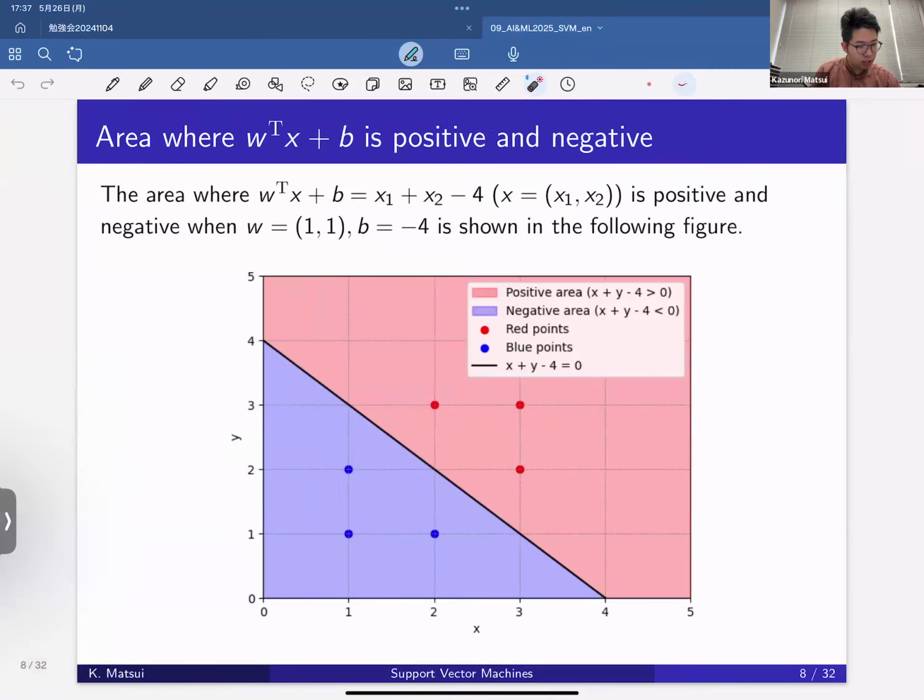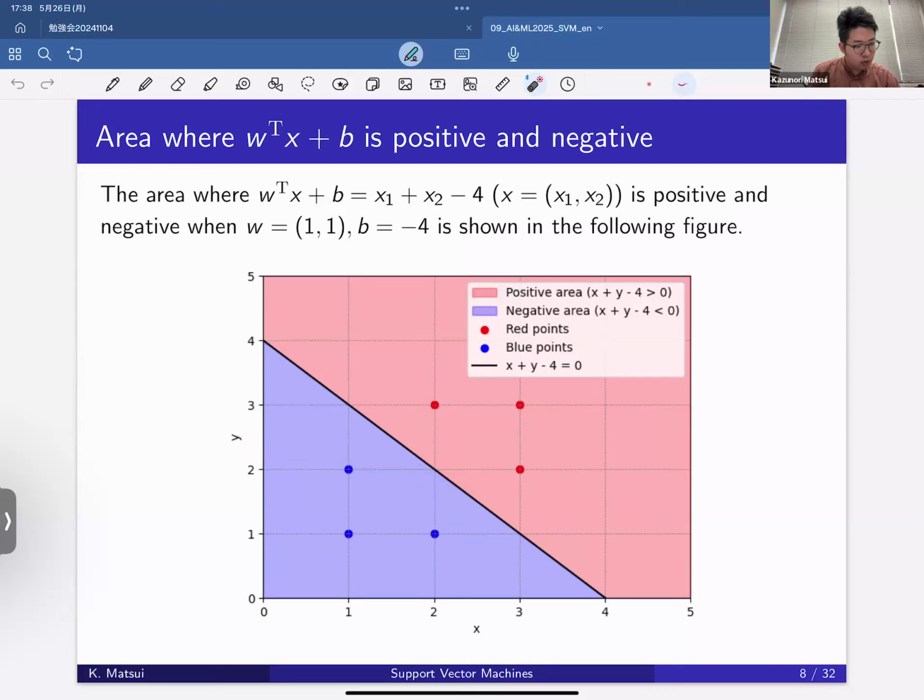There are various ways to create this linear classifier. As long as we can separate red points and blue points in any way by drawing lines like that, we can use it to create a classifier.